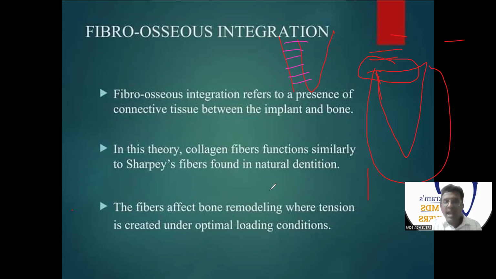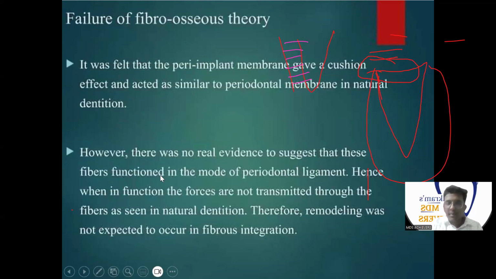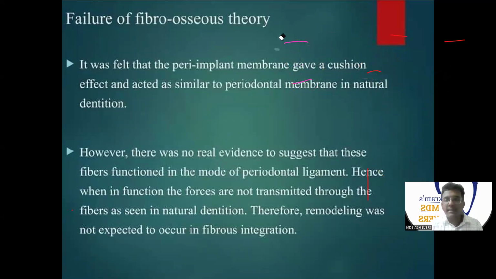In this theory, collagen fibers function similarly to the Sharpey's fibers found in natural dentition. That is what they thought. The fibers affect bone remodeling, where tension is created under optimal conditions. But the failure of this theory is very important, you need to mention it.